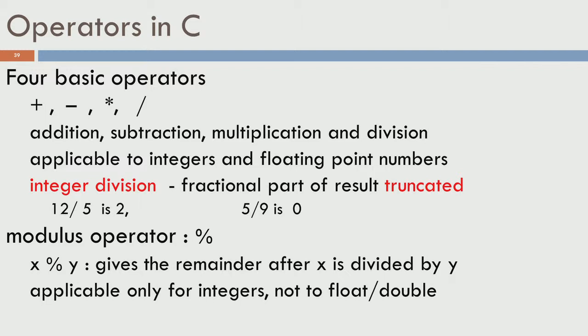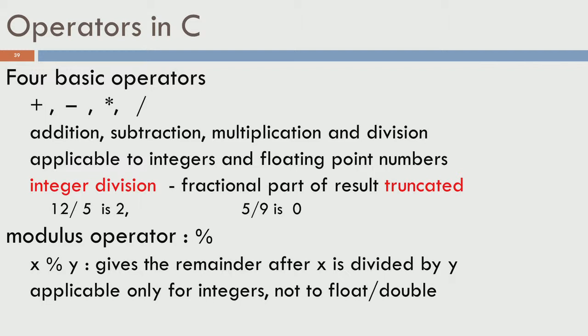When you do integer division, the fractional part of the result is truncated. For example, 12 is an integer and 5 is an integer. If you write 12 slash 5, you are dividing 12 by 5, and even though the result is 2.4, this 0.4 is truncated.